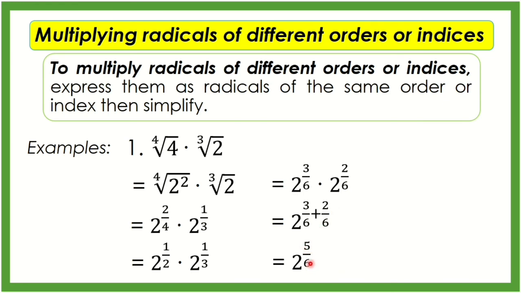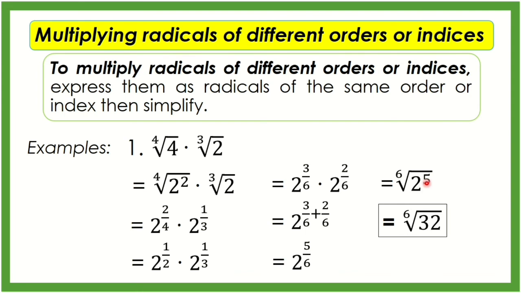Then, copy natin yung common denominator. Pwede na nating isulat into radical form. That is equal to 6 root of 2 raised to 5. Yung denominator, siya yung naging index. And then, yung base, siya yung base sa radicand. Then, yung numerator, yun yung magiging exponent.